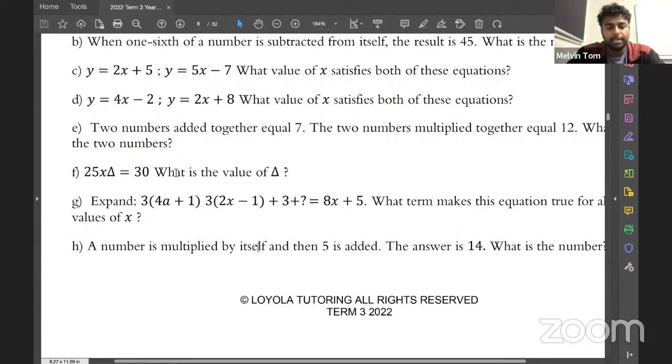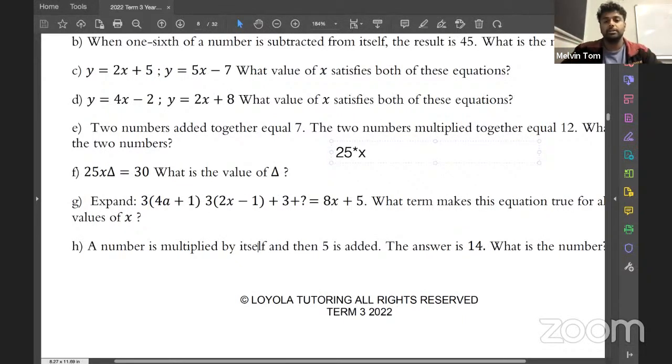So 25x multiplied by a number gives me 30. Okay, so first things first, how do I get rid of the x? It's 25 multiplied by x, so how do I get rid of the x? If it's multiplication, I will do addition? You have to do, to fight hot you have to use cold. To fight good, you use evil.